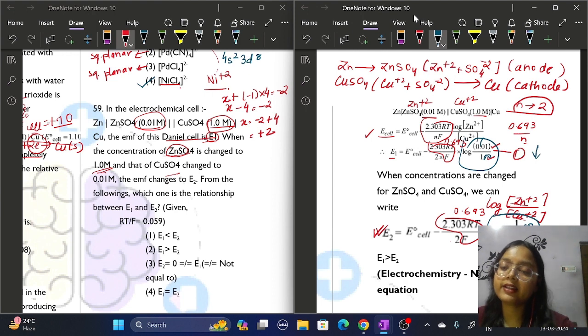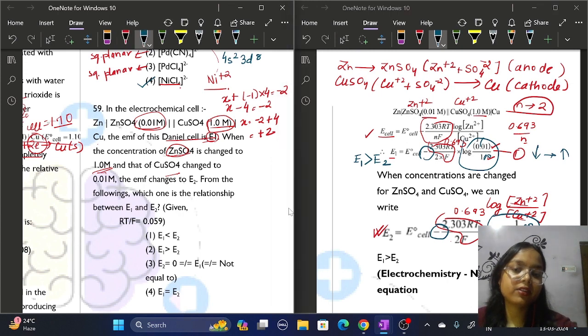But let's not forget one thing, that the negative sign is there in the formula. So the negative sign means this has to be lesser and this has to be greater. So it comes out that E1 is greater than E2. Upon seeing the options, which is the correct answer? E1 is greater than E2, so the second one is the correct answer.